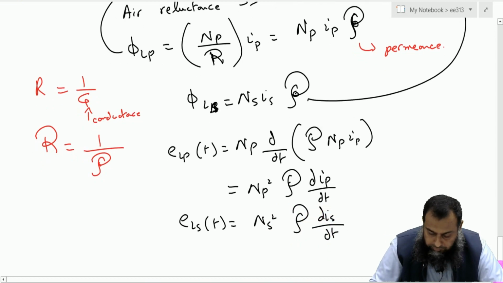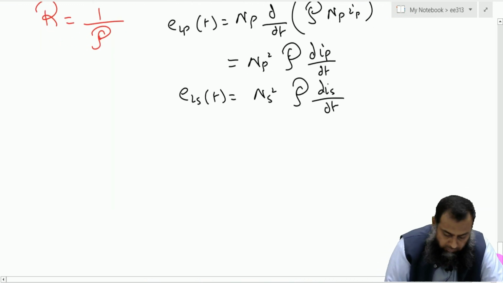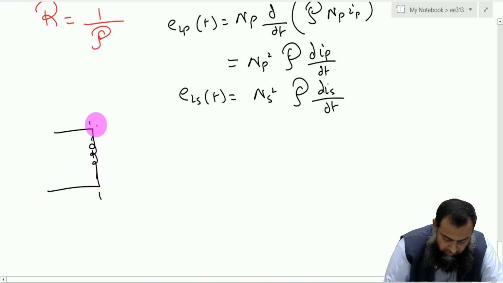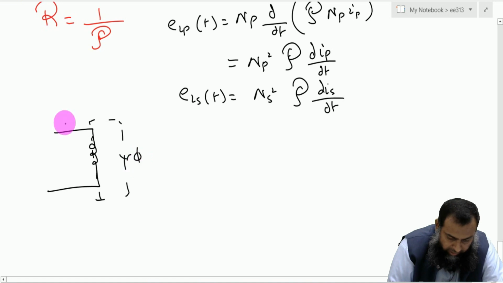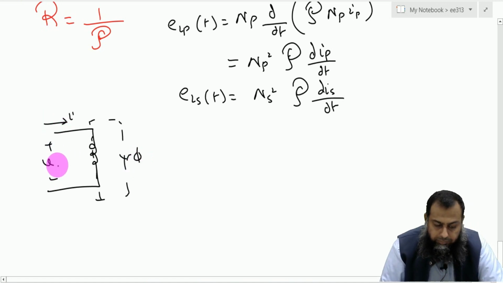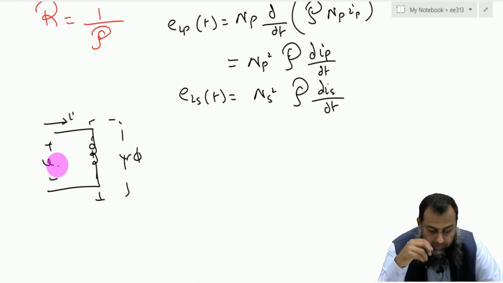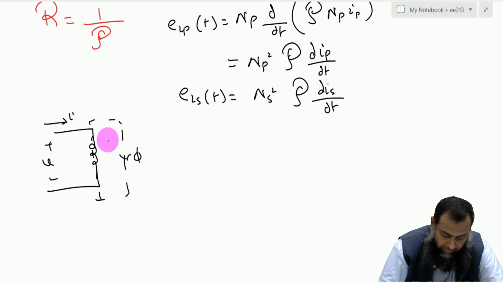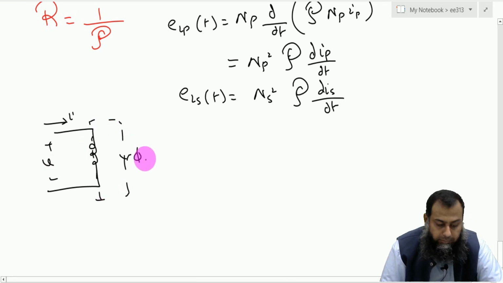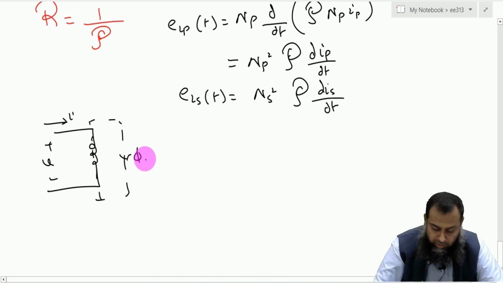Now if we look at the definition of an inductor, suppose that we have an inductor here which is linked with its own flux, and we have some current I flowing here with some applied voltage V. Then if the flux path has a constant permeability, the flux linkage and current are said to be linear.